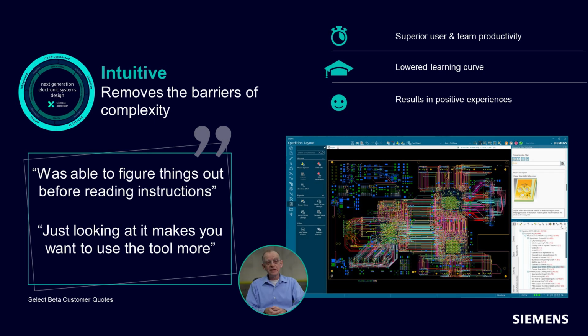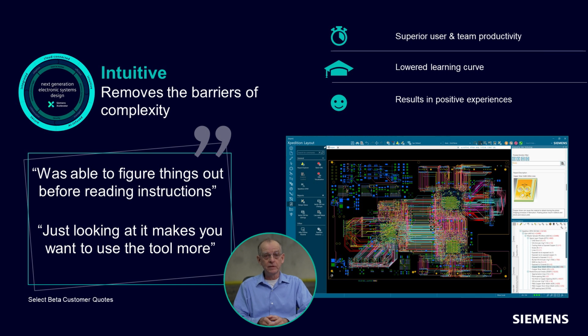So let's talk about these 5 pillars in a little bit more detail, and we'll start off with intuitive. What we've really done is created a new user experience that permeates throughout our entire product set. This lowers the learning curve for users to become productive in our tools, removes barriers to adoption, really creates a sense of positivity in how they can operate with the tools.